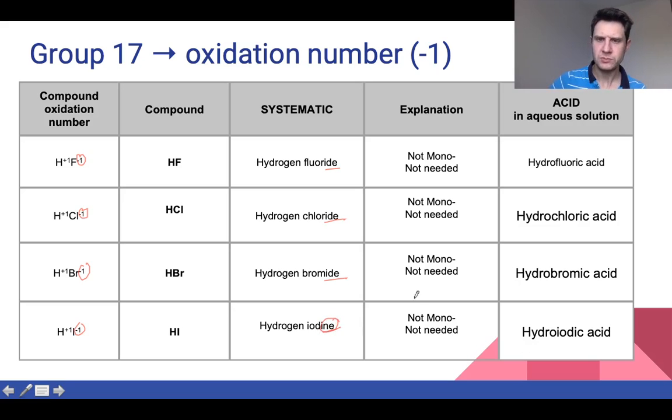Okay, good. Why not mono? Not needed. Again, all of them are only made up of one atom of each, one hydrogen, one fluorine, and so on and so forth.